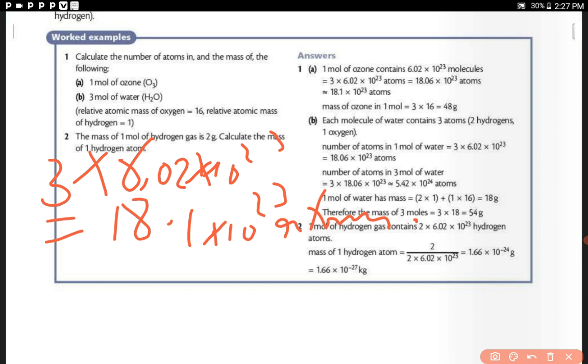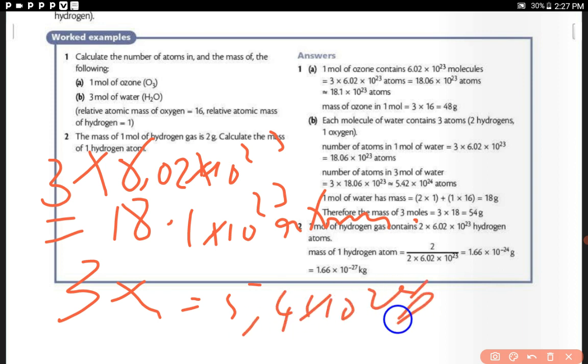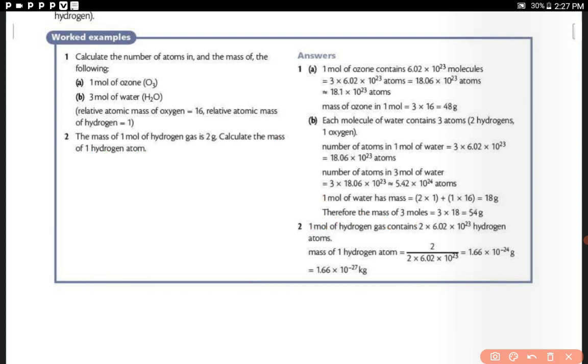So what will be the number of atoms in 3 moles of water? We'll simply multiply this by 3. You're going to have 5.4 times 10 to the 24 atoms.